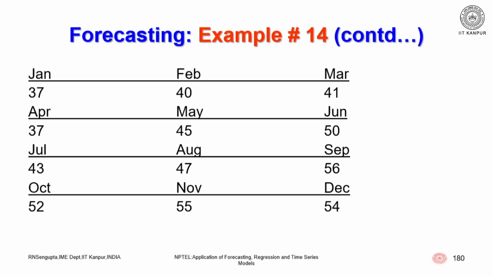The actual values given, starting from January, February, March, are 37, 40, 41, then 37, 45, 50, then 43, 47, 56, and the last one is 52, 55, 54. There are 12 data points starting from January to December.